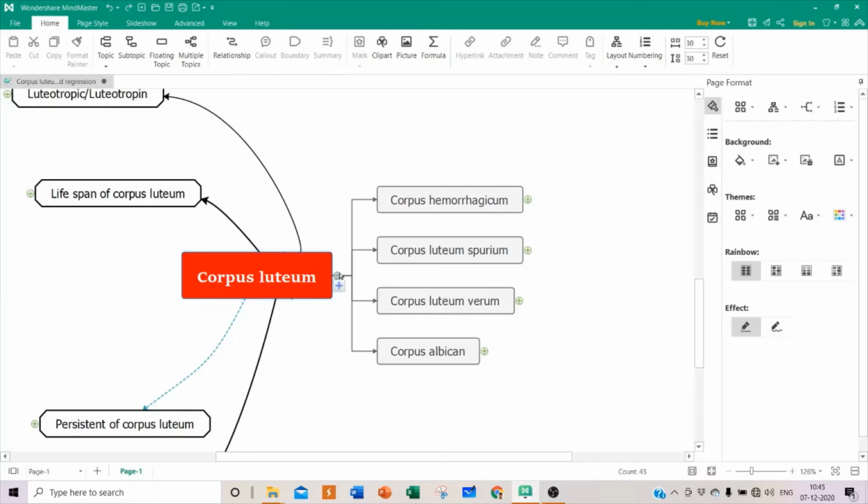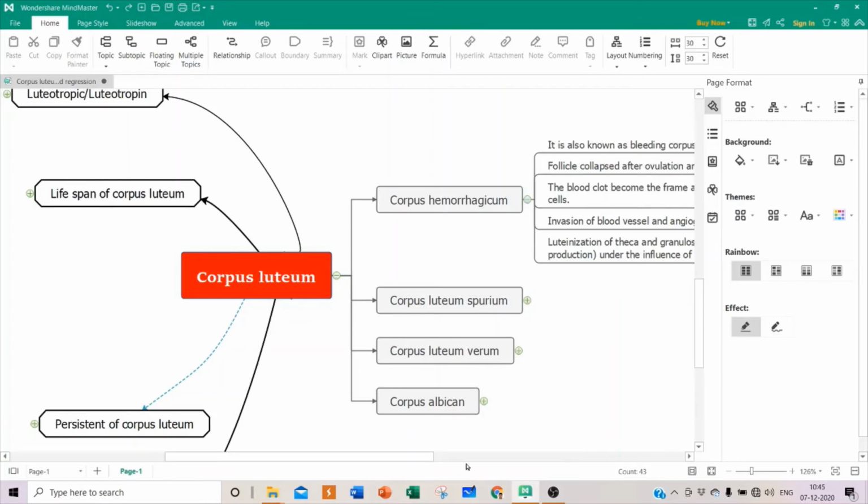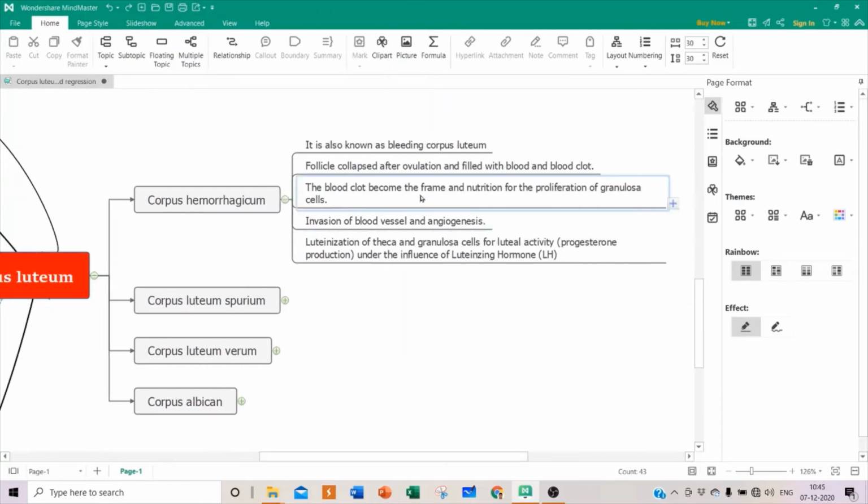So let us summarize what we have learned. There are 4 types of corpus luteum: corpus hemorrhagicum, corpus luteum spurium, corpus luteum verum, and corpus albicans. Corpus hemorrhagicum is also known as the bleeding corpus luteum, where the follicle collapses after ovulation and is filled with blood and blood clot.